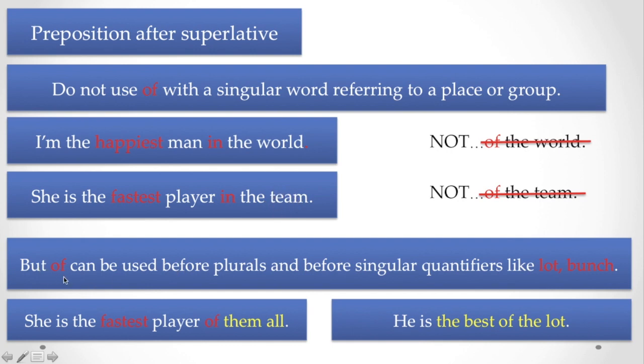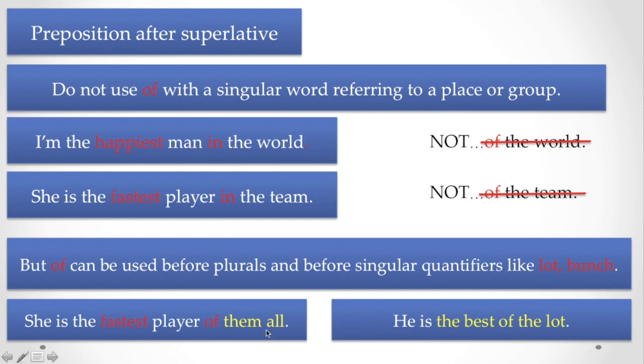But of can be used before plurals and before singular quantifiers like lot or bunch. In some cases you have to use the preposition of. What is that? That is, she is the fastest player of them all. Here them is not a singular word, and does not refer to any singular thing.